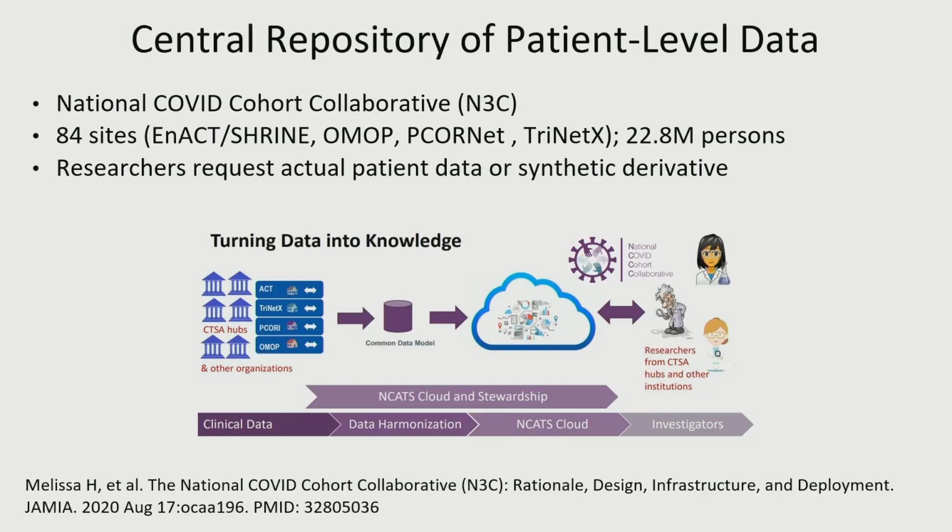An advantage of the central repository is that you can go into one place and it's easier to do machine learning types of analyses. You can still do it in a federated network, but it's more complex in that way. Also, what N3C did was create what's called a synthetic derivative. So you create a fake data set that has similar statistical properties to the real patient data. And that allows you to share the synthetic data set more broadly than the patient data, which has more privacy issues.